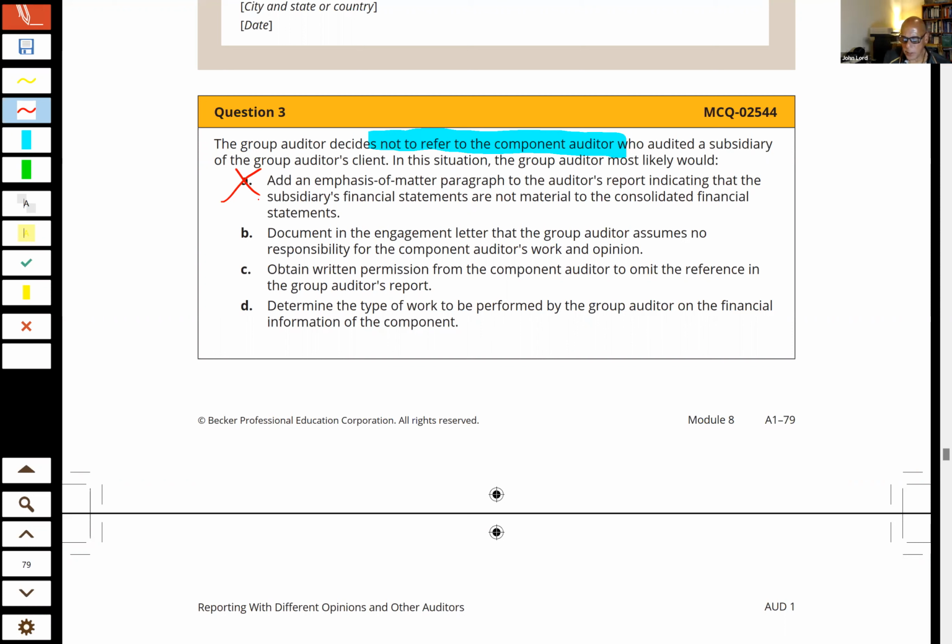Okay, item B. Yeah, I kind of didn't understand the question. It refers to not mentioning that, but then if you choose A, hold on a second.